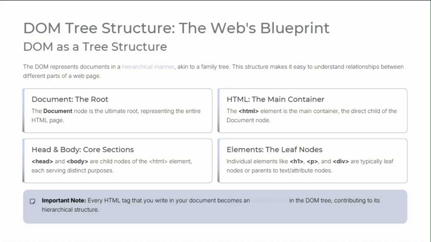Inside HTML, we have head and body, each serving specific purposes. Individual elements like headings, paragraphs, and divs form the lower levels of the tree. Every HTML tag written in the document becomes an element node in the DOM tree. So, this was all about the DOM tree, which tells us how the DOM represents documents in a hierarchical manner, similar to a family tree.